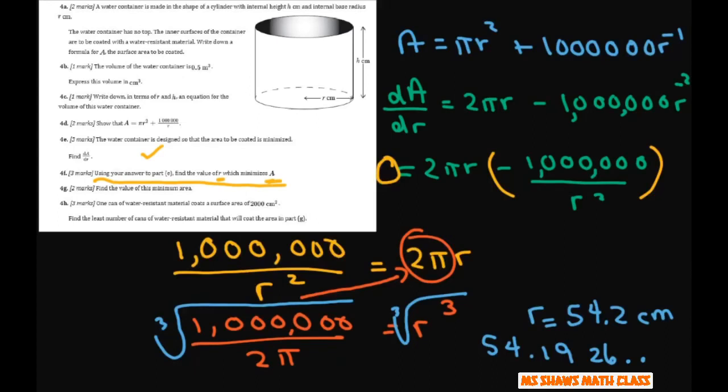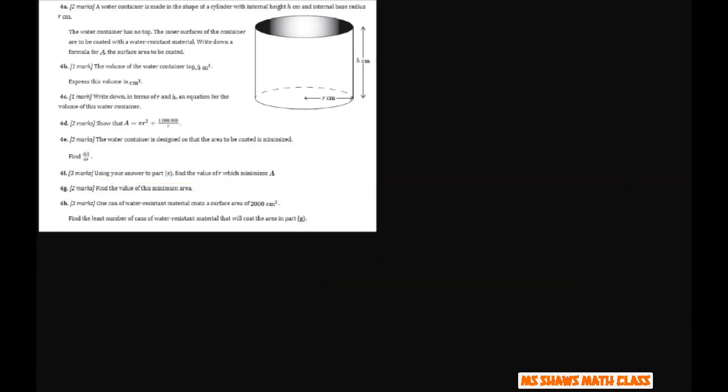Then it says, we found the r. Now we have to find the value of this minimum area. So that means we're going to plug our r back into our equation. So area equals pi r squared plus 1 million divided by r. So we're going to plug in our value.